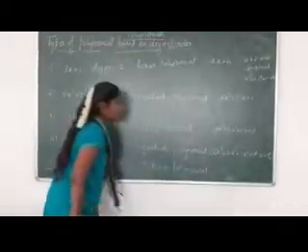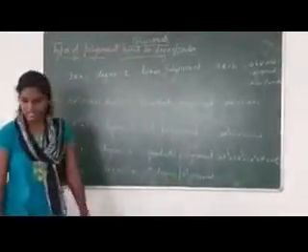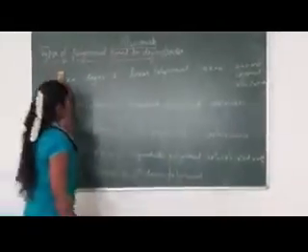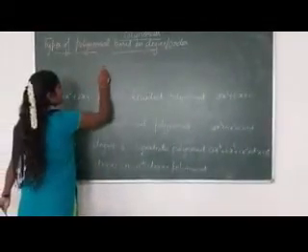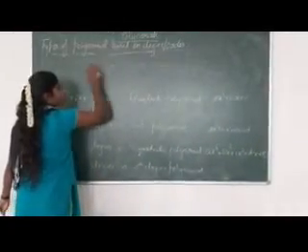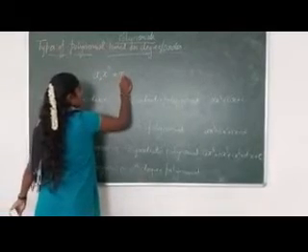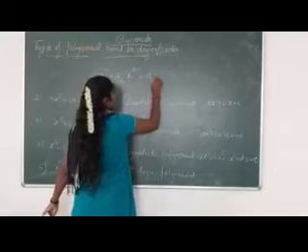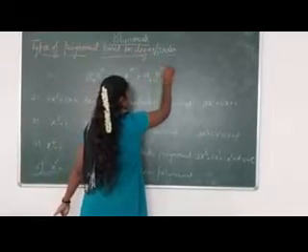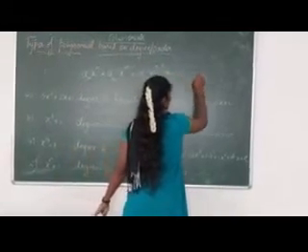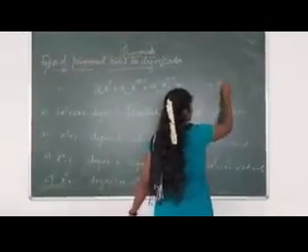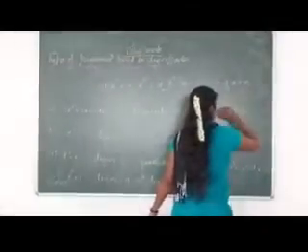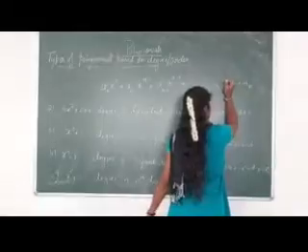The general form of that polynomial is given as, let me write it here. The general form of an nth degree polynomial is an x to the power of n plus an minus 1 x to the power of n minus 1 plus an minus 2 x to the power of n minus 2, it will go on, plus a2x plus a1, or you can say a0.